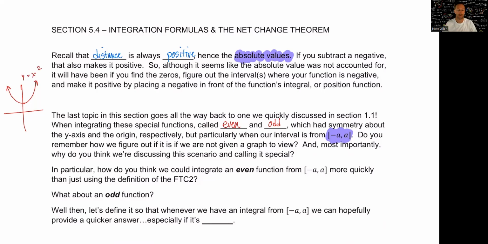x squared, for example. And if I had x squared and I went from -1 to +1, and I'm trying to find the area under this curve to my x-axis, well, rather than doing it from -a to a, hopefully you can see that this side would be the exact same as this side.